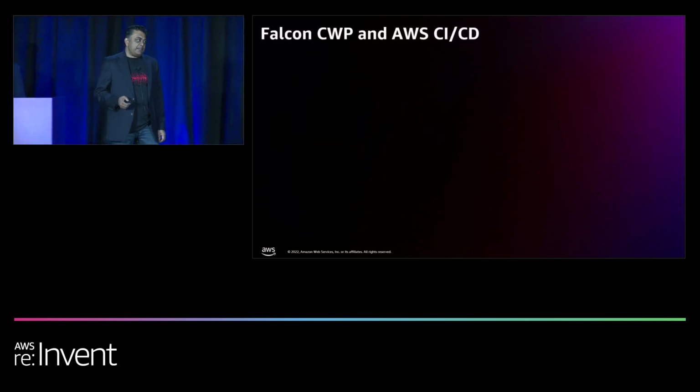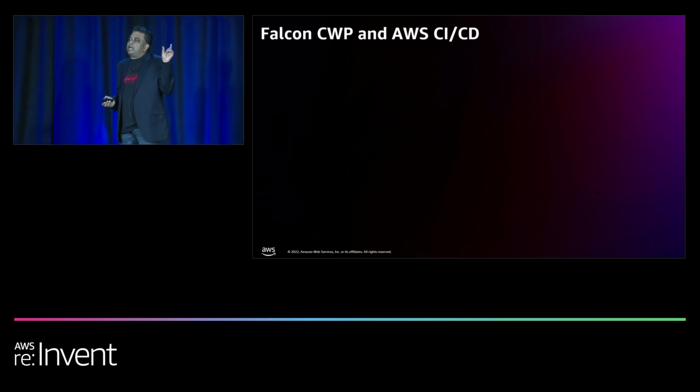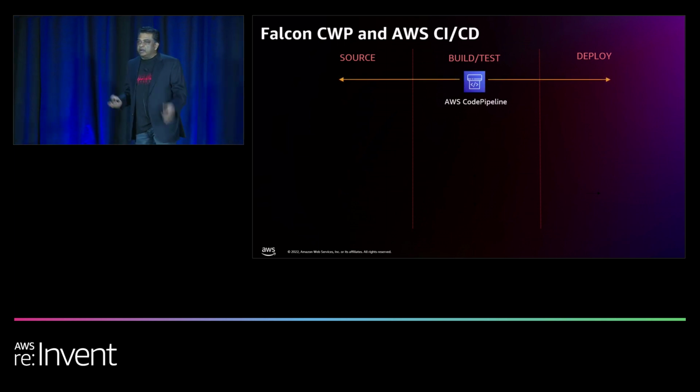The next one, of course, is the CI/CD integration we talked about earlier, right? This is where we use that same kind of policy, but we're actually running the scan in real time in your CI/CD pipeline and essentially blocking any deployment of images that contain any kind of vulnerabilities or malware.